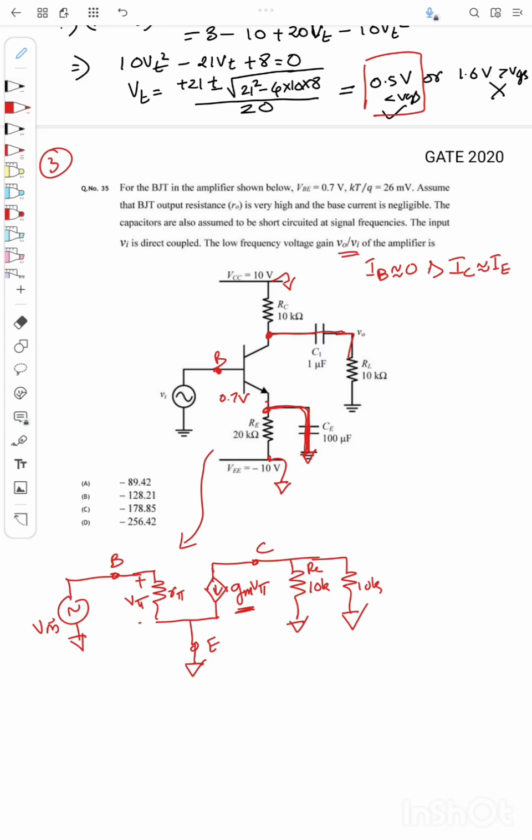Okay, so I will redraw this circuit. How to find the GM? We know GM is equal to the collector current IC by the thermal voltage VT, that is KT by Q. So I just need to find the IC value. For that I have to represent the circuit in its DC model.